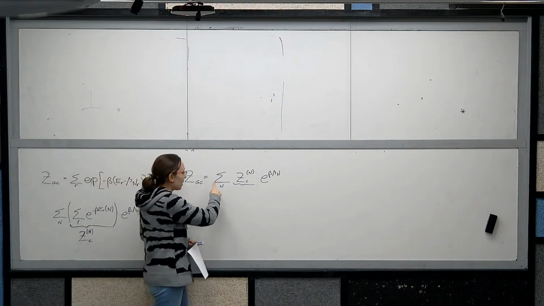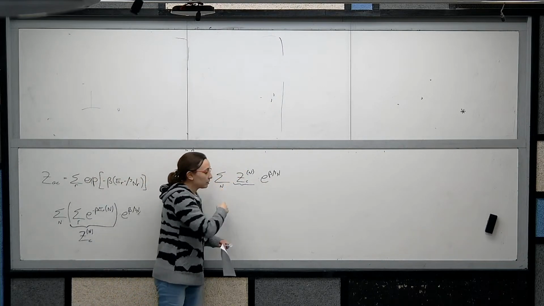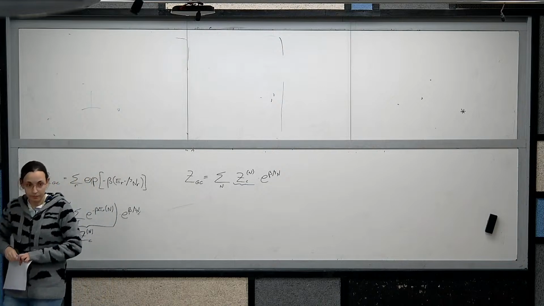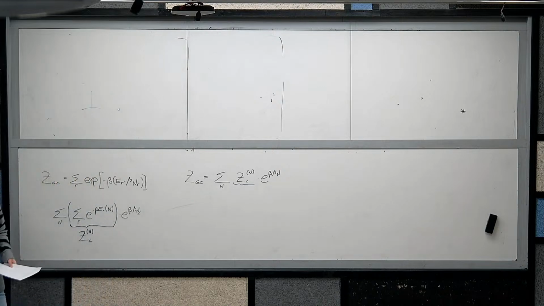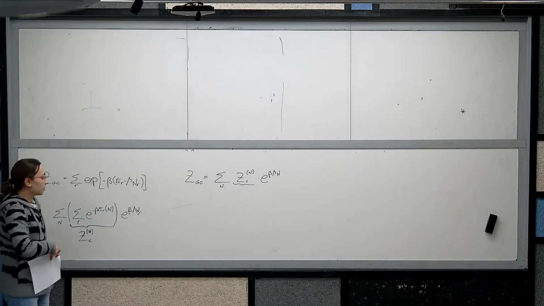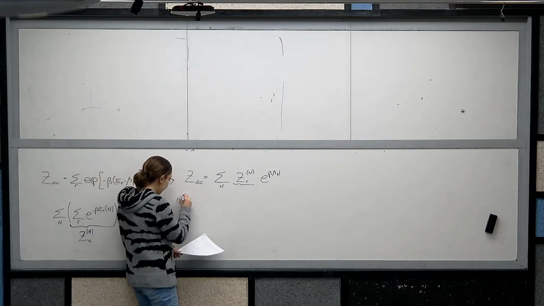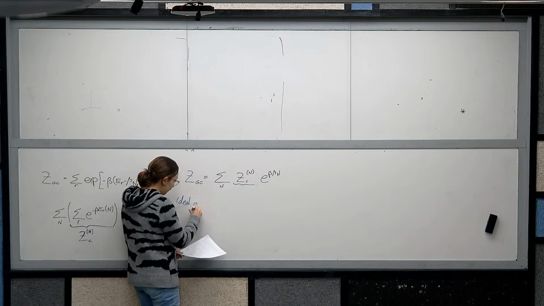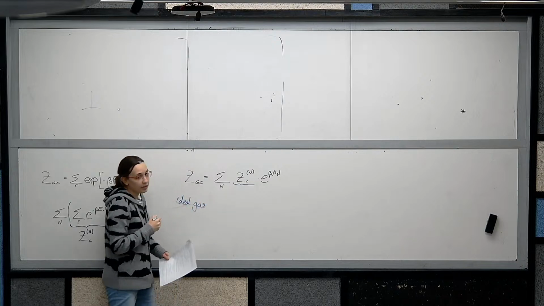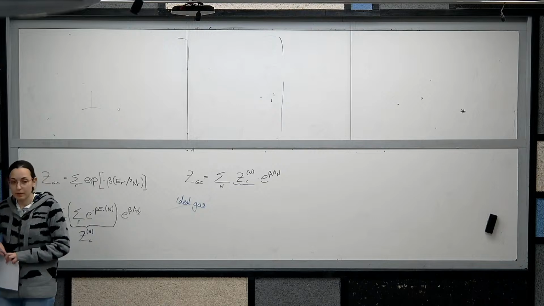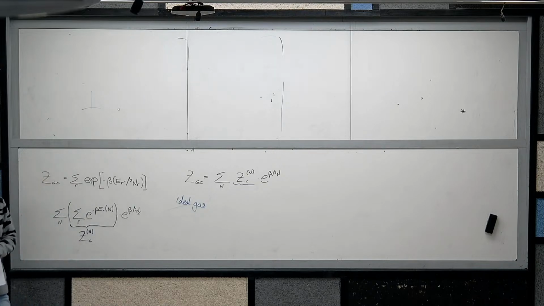Okay, so we can sum over n easily. Now, if we have a system of an ideal gas, that means that between the particles we don't have interactions. So we can use the subsystem partition function for each particle, right?